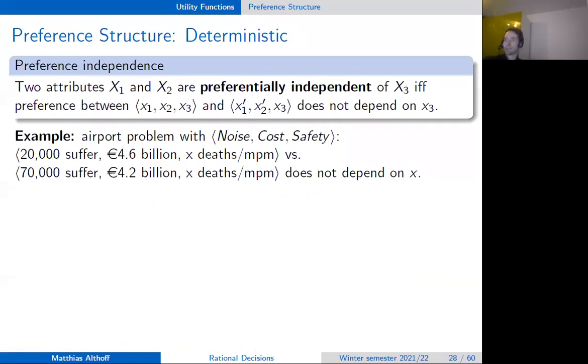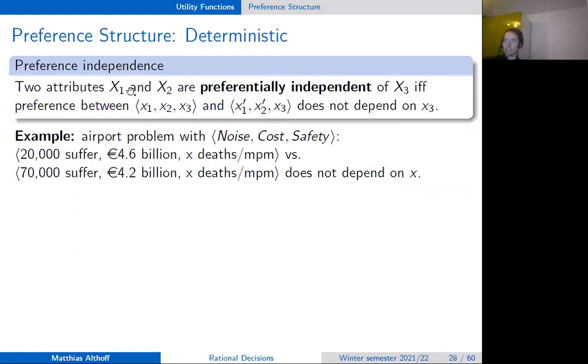And now let's talk about preference structures. As I said before, maybe we can find some independence relations, and based on these independence relations, we can assemble the utility of all attributes given the utilities of single attributes. So let's again use the airport problem, and we define preference independence as follows.